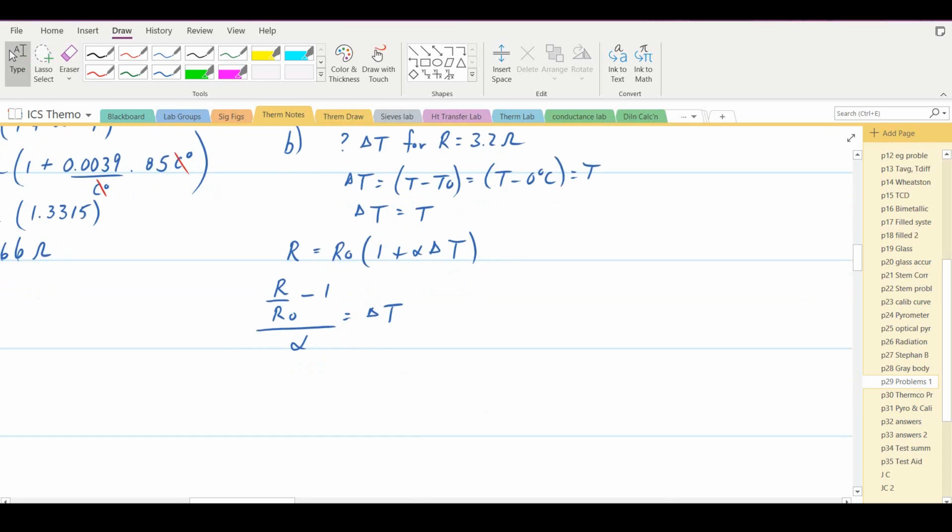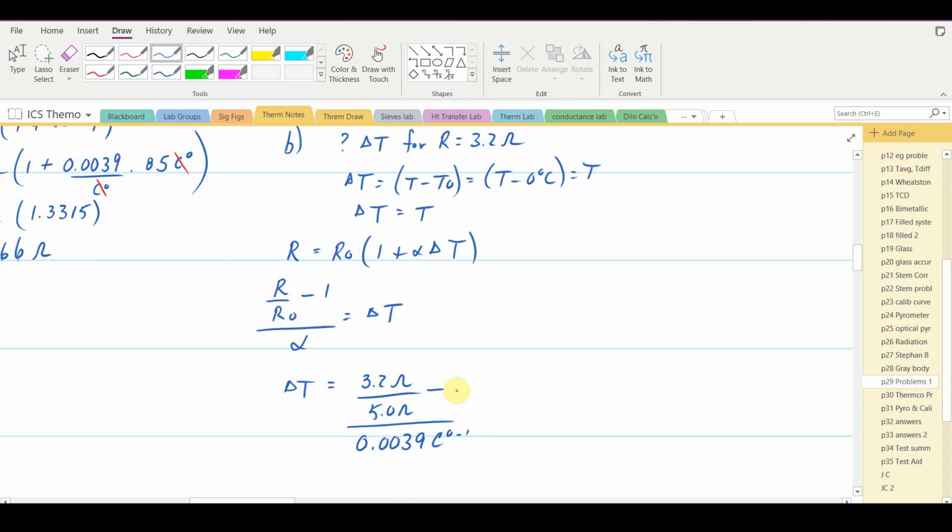So in our example here, delta T will be equal to 3.2 ohms divided by 5.0 ohms, minus 1, divided by the temperature coefficient, 0.0039 per Celsius degree.